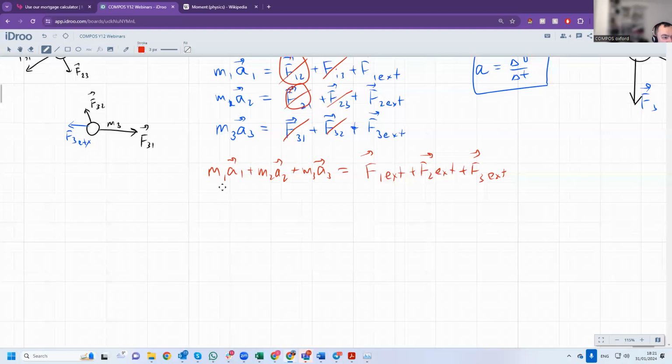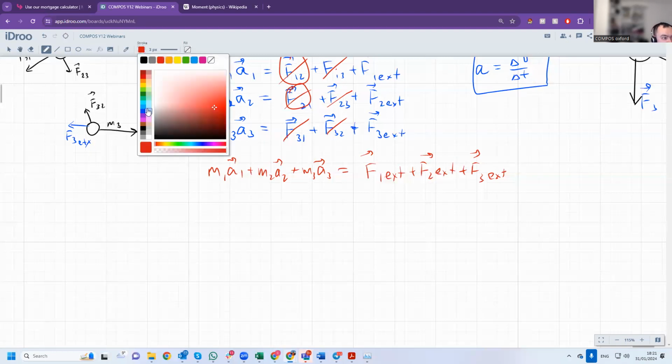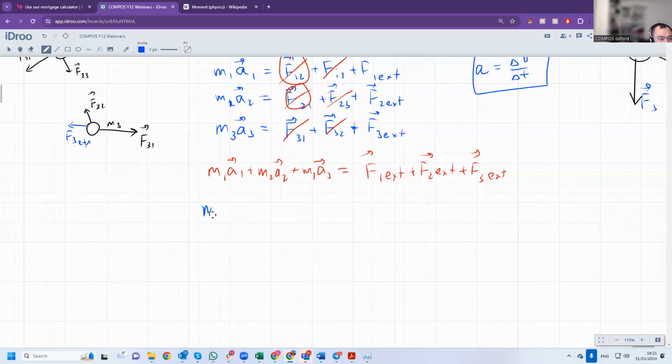And now we rewrite this as m1 delta v1 divided by delta t. And you notice that delta m1 delta v, that's change in momentum.